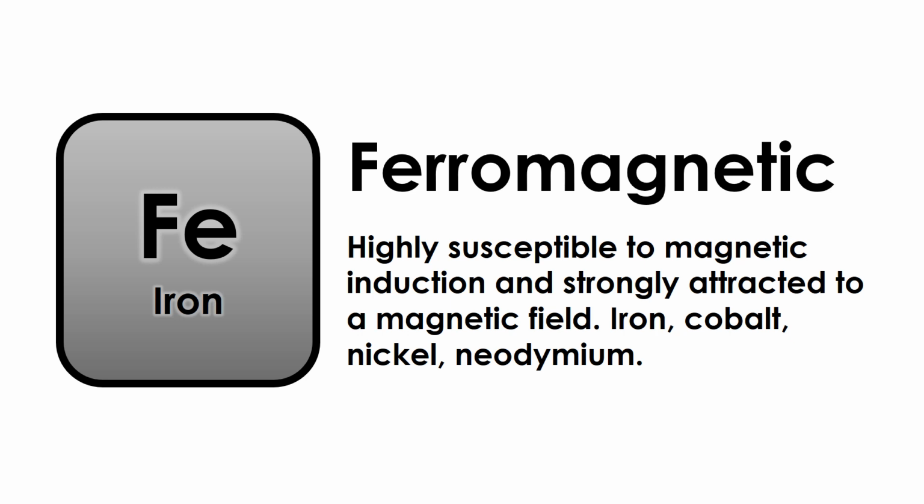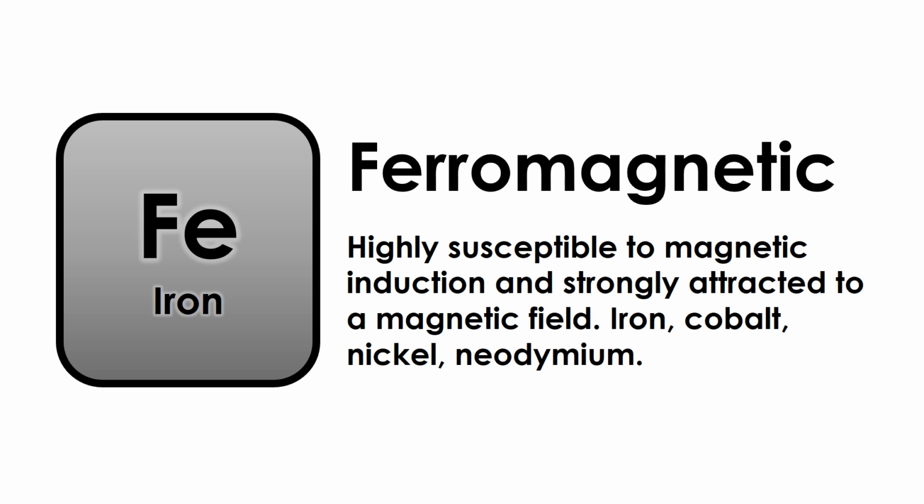In other words, they can be caused to be magnetic, and they are strongly attracted to a magnetic field. There's lots of materials like this, especially iron. That's why all of these materials are called ferromagnetic, referring to iron. But it's not just iron, also cobalt, nickel, and the material I mentioned earlier called neodymium.